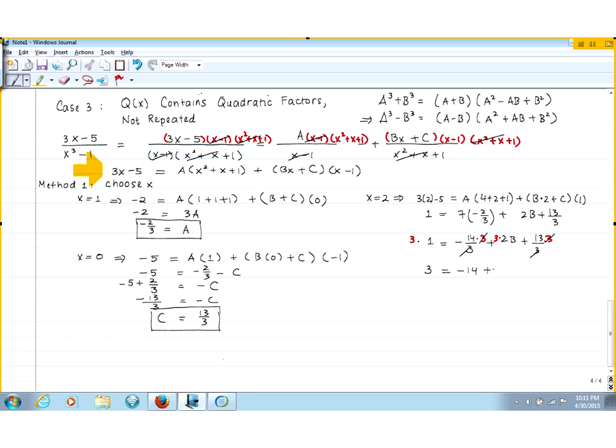So we're left with 3 is equal to negative 14 plus 3 times 2b, so that is 6b, plus 13. So 3 is equal to negative 1 plus 6b. We add 1 to both sides, 6b is equal to 4. Divide by 6 both sides. b is equal to 4 over 6, which is 2 over 3.